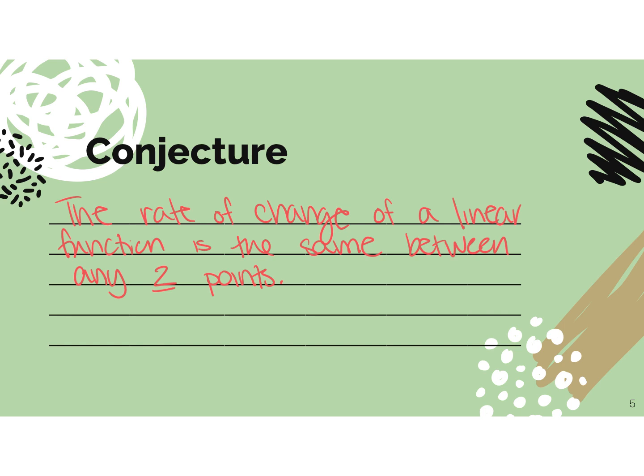Rate of change is constant, okay? That's what our conjecture is saying. It always has to be the same if it's linear. We're going to test out this conjecture to make sure it's true by doing 2 problems. Then you're only going to have, I think, 6 practice problems today.